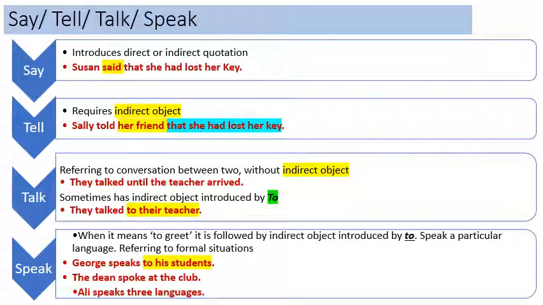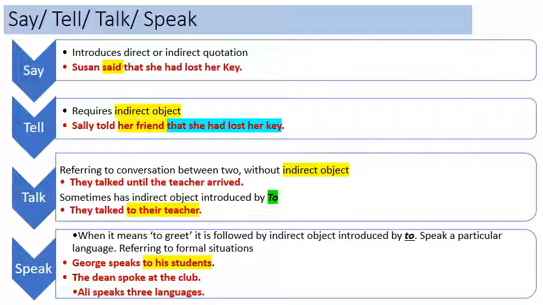We don't have an indirect object, we only have a direct object. It can be used with an indirect object. You can say, Susan said to her mom that she had lost her key. Okay, so usually it introduces a direct or indirect quotation.